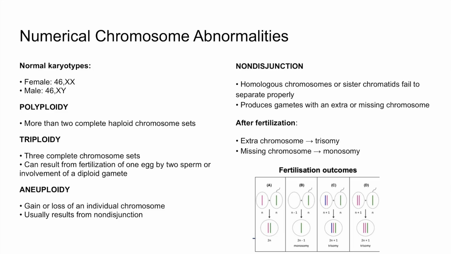Its most common mechanism is non-disjunction, when homologous chromosomes or sister chromatids fail to separate properly. After fertilization, an extra chromosome produces a trisomy, while a missing chromosome produces a monosomy. So keep this distinction clear, right? Polyploidy changes complete chromosome sets, whereas aneuploidy changes the number of particular chromosomes.